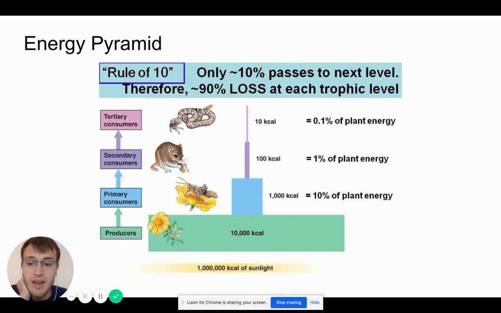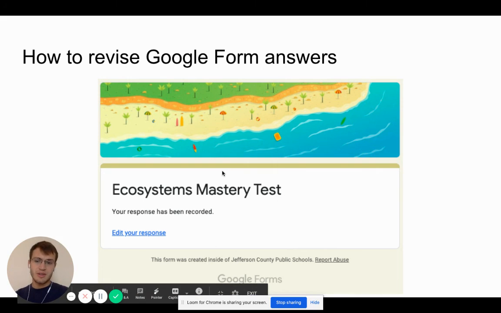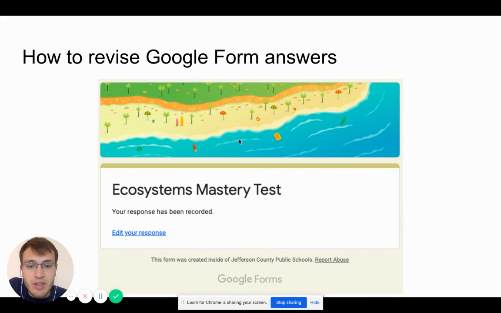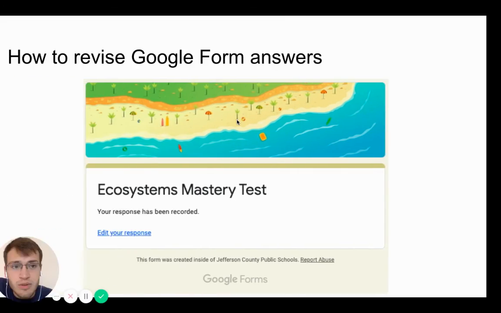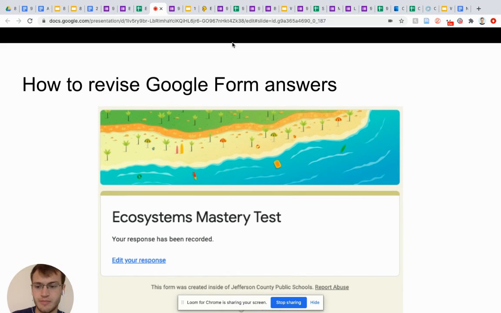And then lastly, for the rest of class, students edit their ecosystems tests.